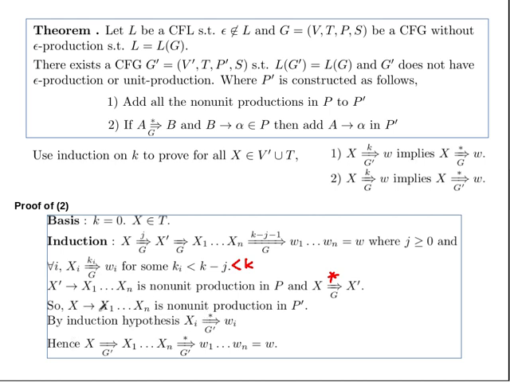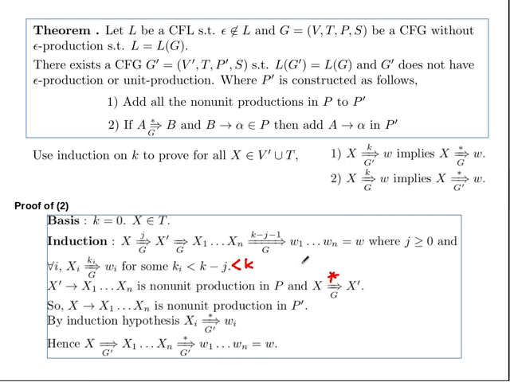This is a production in P prime, so we can in one step have this in G prime. So we do not need this j plus one step here. This can be clubbed together in just one step in G prime, and then we can have the same things for each of these xi's in G prime. So we can finally derive this thing.